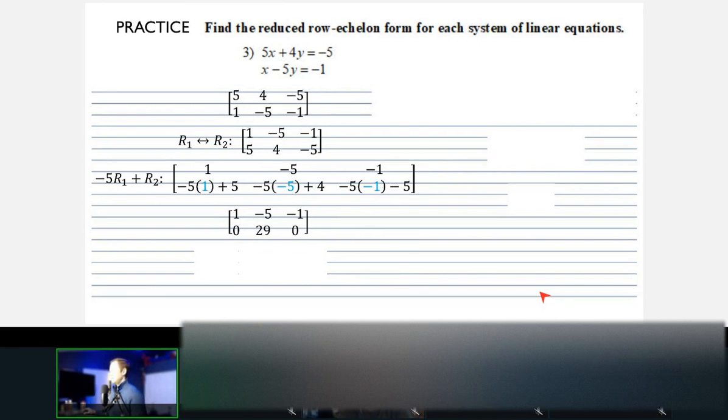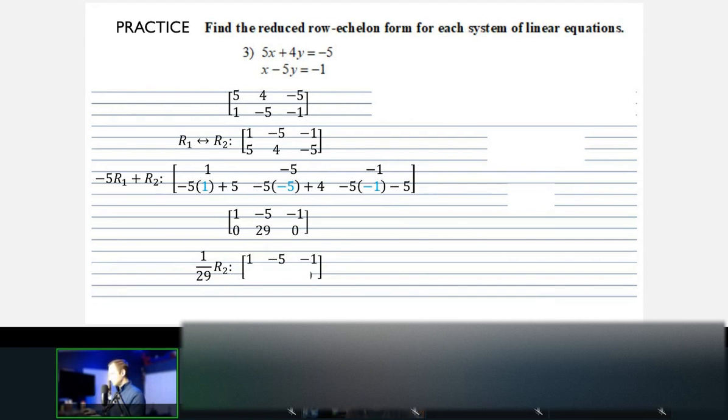So yeah, we could divide the entire row, or in other words, multiply by 1 over 29, scalar multiplication. So yeah, Lalani, you can think of it that way. But the real way of looking at it is multiplying by 1 over 29.